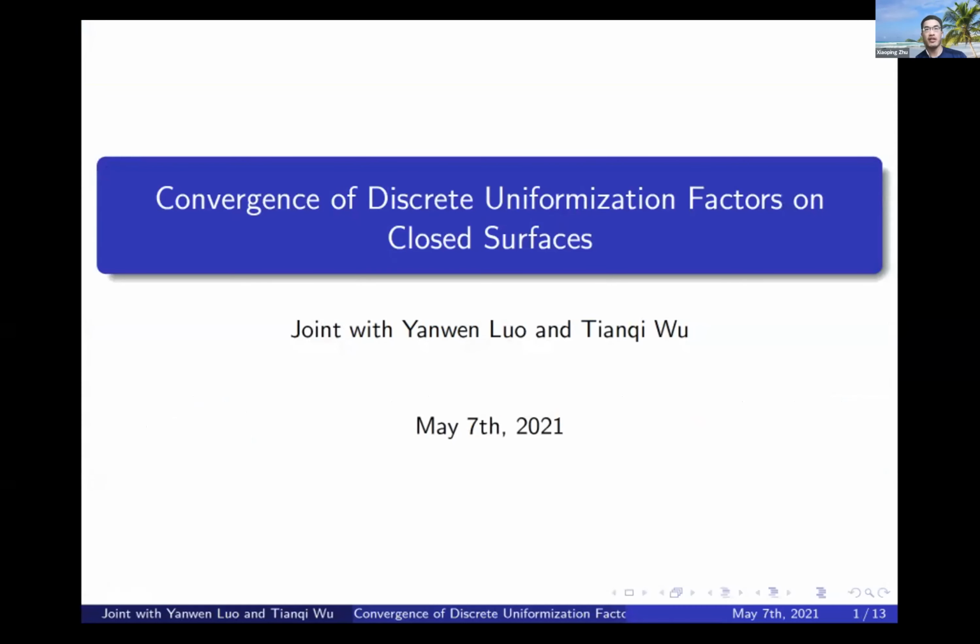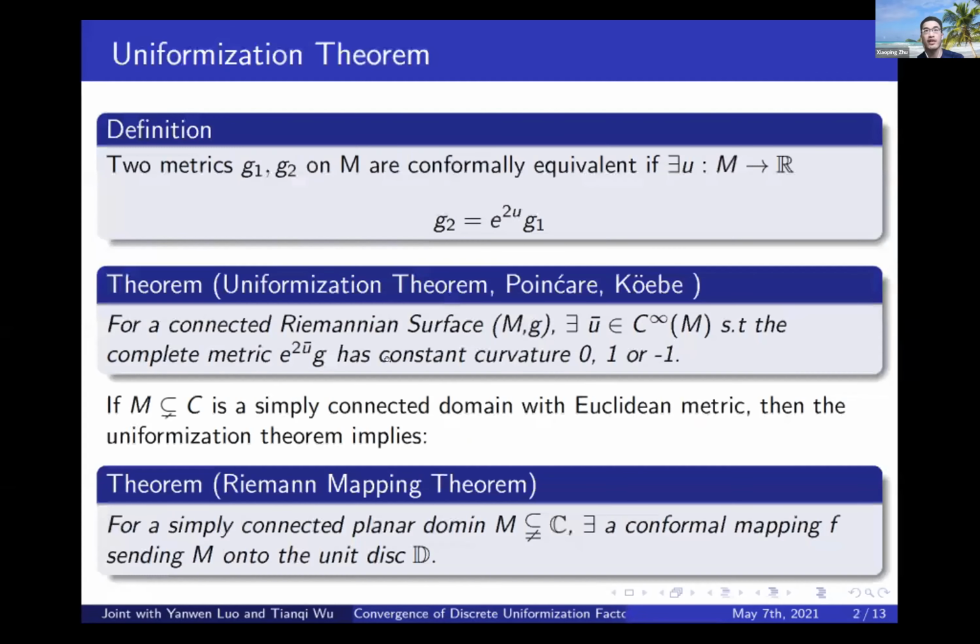Today we're going to talk about convergence of discrete uniformization factors on closed surfaces. This is a joint work with Riemann and Tianqi Wu. This has been covered in Hannes' talk: two Riemannian metrics are conformally equivalent if there is a function on M, and they're related by scale factors.